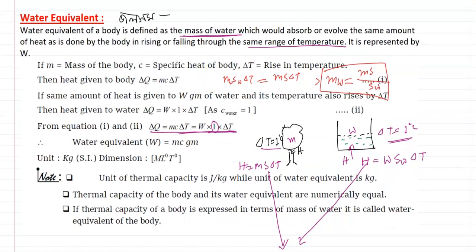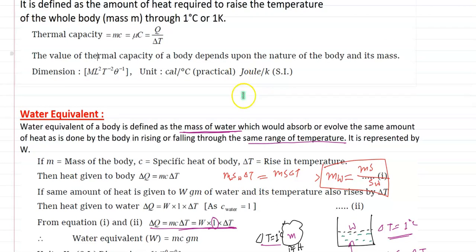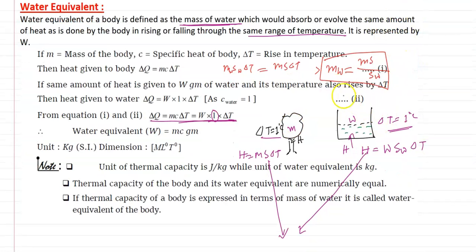Water equivalent means equivalent to water. So it is the amount of water which is equivalent to the substance we have taken. Okay, this is called water equivalent. Suppose we have taken some substance for which H amount of heat is required to reach temperature T degree centigrade, and we have taken some water also.